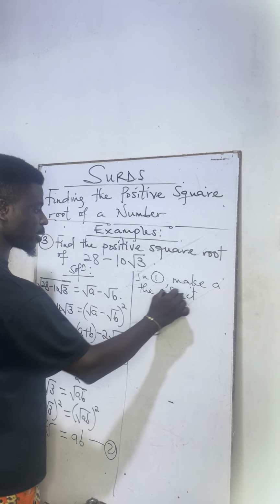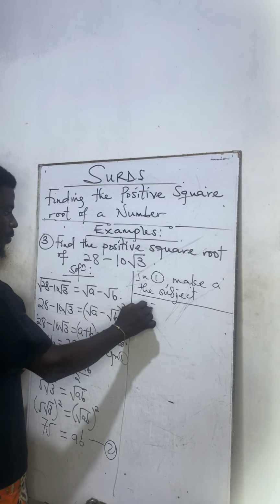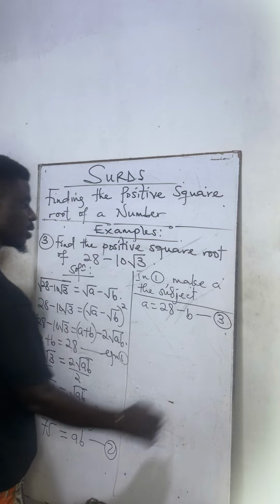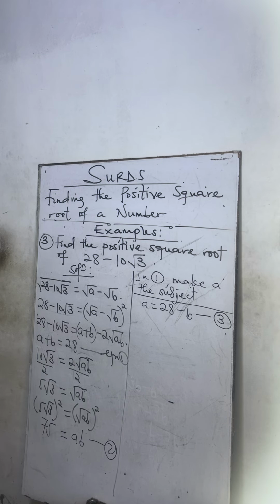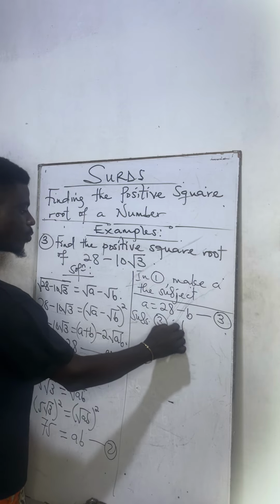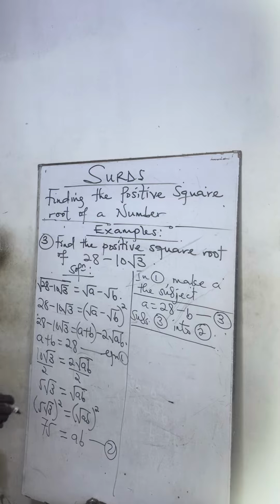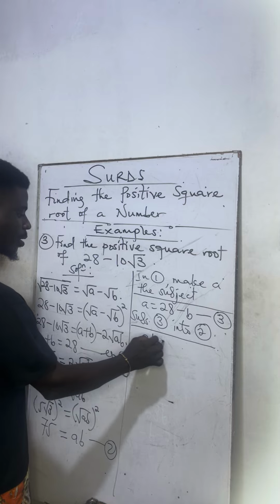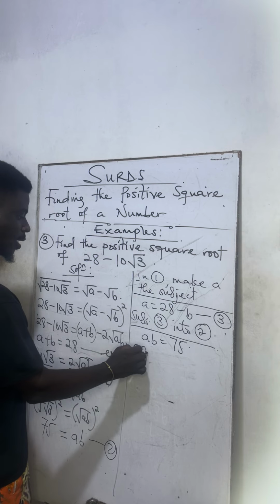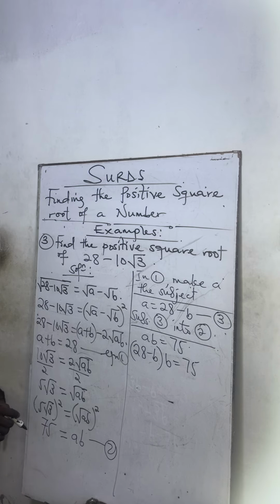We get A is equal to 28 minus B, and this will be equation 3. We substitute equation 3 into equation 2, and equation 2 is AB equals 75. So A is 28 minus B, times B equals 75.